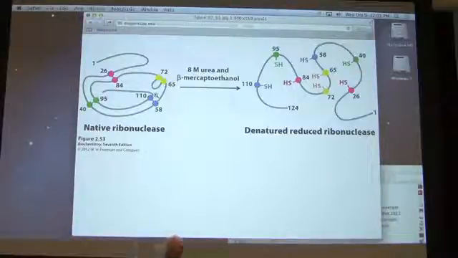Cysteines, you should remember, have a sulfhydryl, that is an SH, as a part of their R group in the amino acid. And two SHs, if you put them very close together, will basically oxidize and form a disulfide bond, meaning an S-S bond, splitting out the hydrogens in the process.